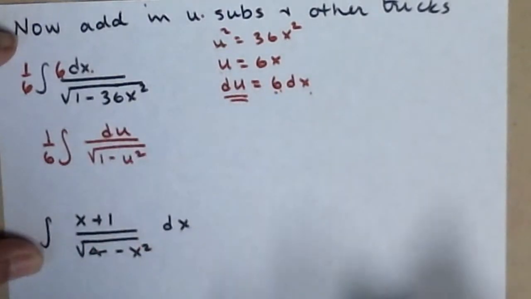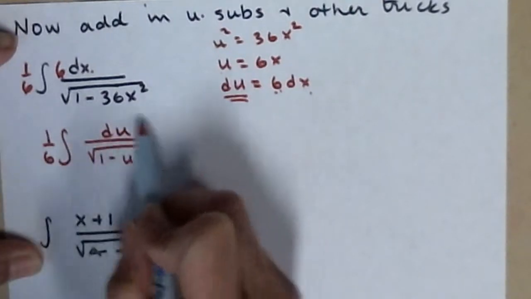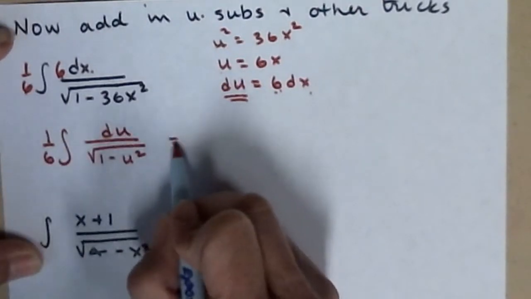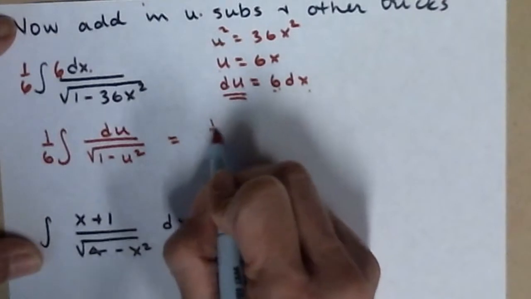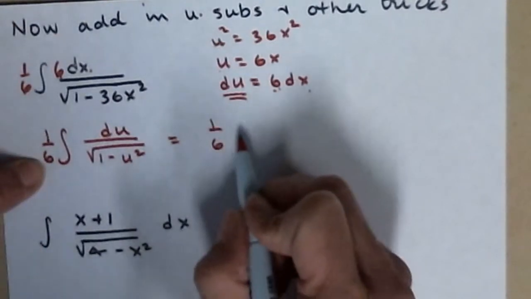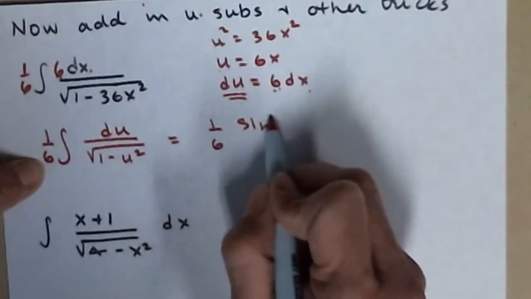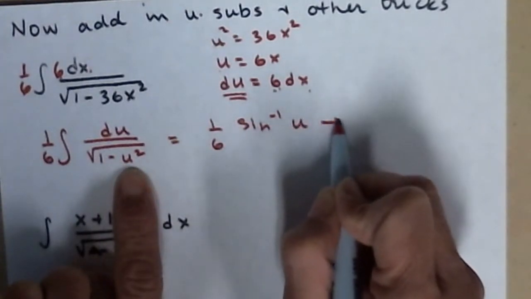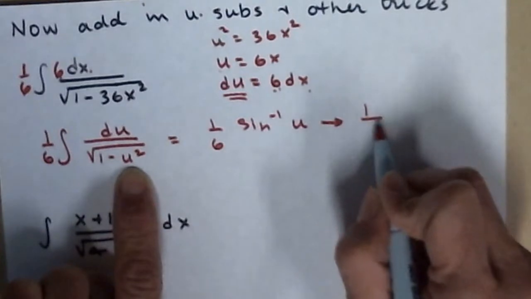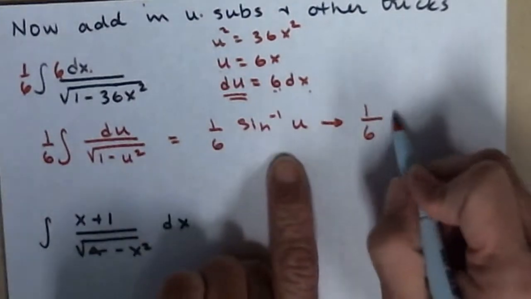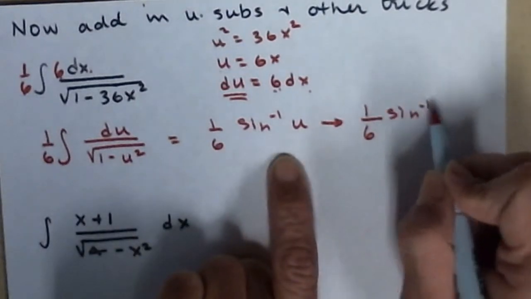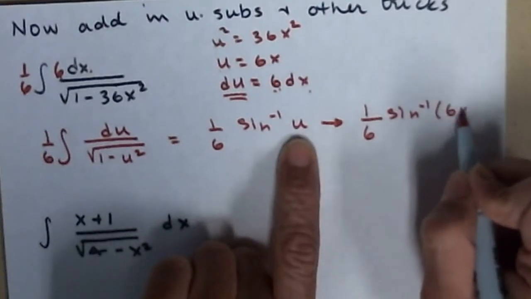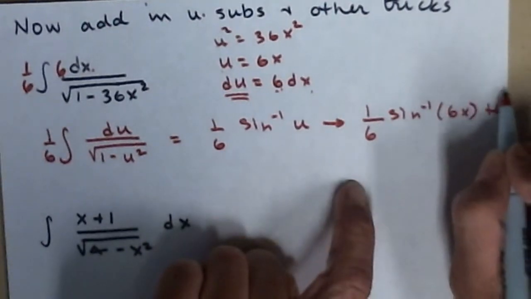So now this is exactly inverse sine. So it's 1/6 from out in front times the inverse sine of u. But we were asked about x, so now we'll go back. So 1/6 times the inverse sine of 6x plus c.